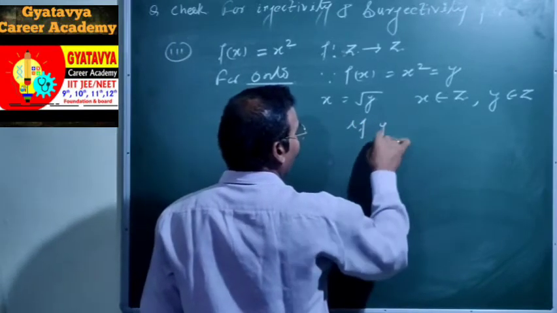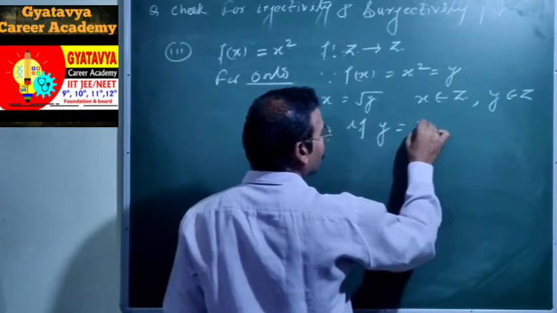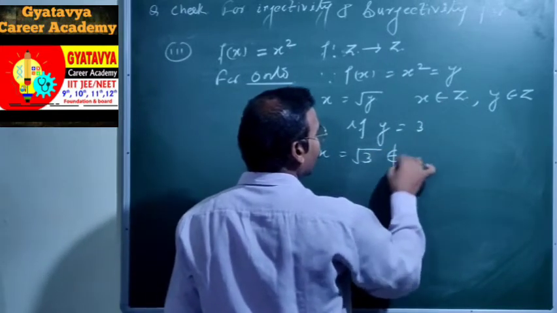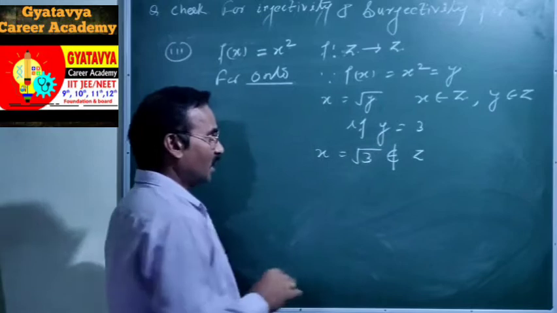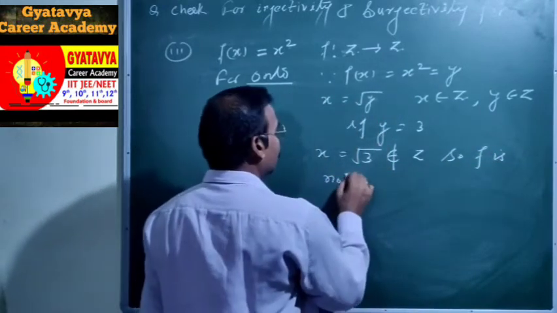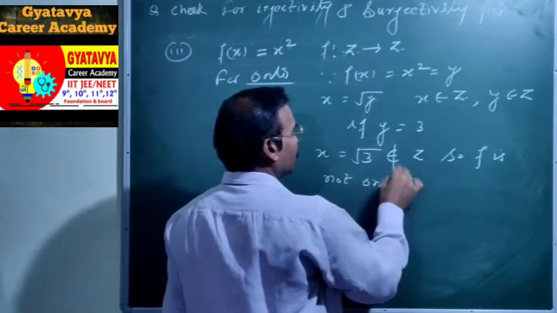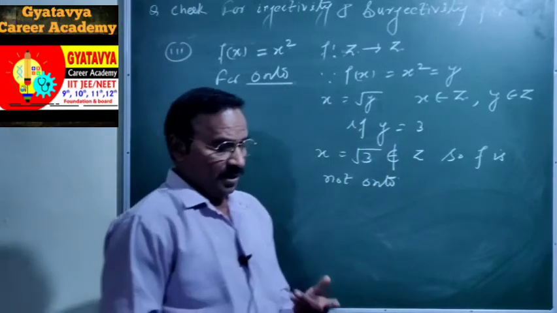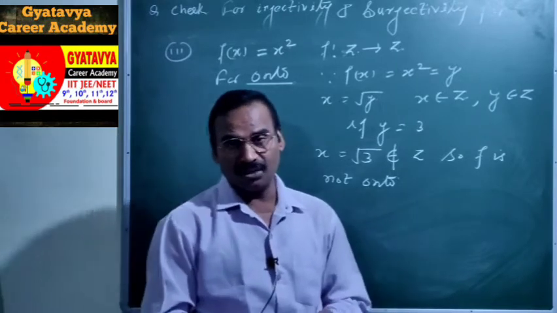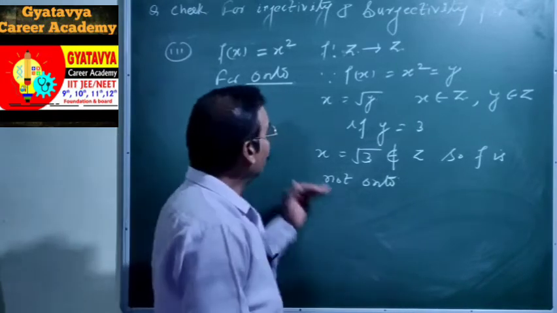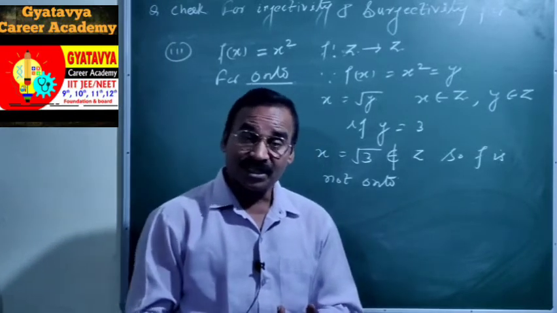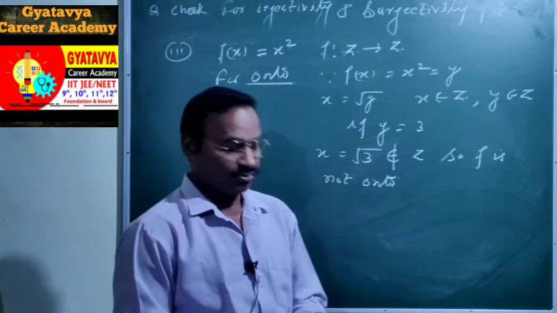If y equal to 3, then x equal to root of 3. Root of 3 doesn't belong to Z. So f is not onto. Hence, except for the domain and codomain as natural numbers, in both cases the function is neither injective nor onto.